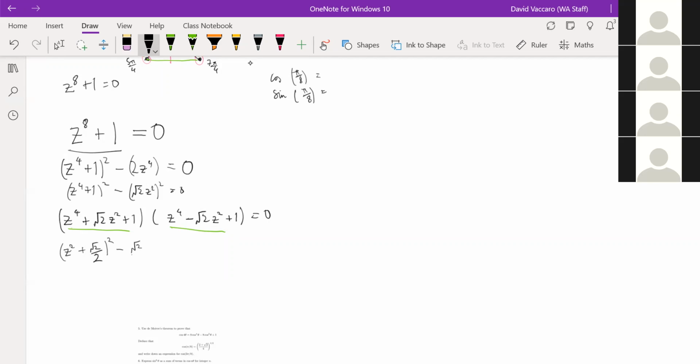No, I'm going to do it differently. I'm going to do z squared plus 1 squared, which gives me a z to the 4 plus 1. It gives me a 2z squared term, which I don't want, but I want a root 2.